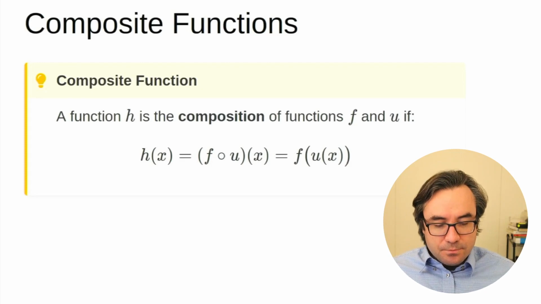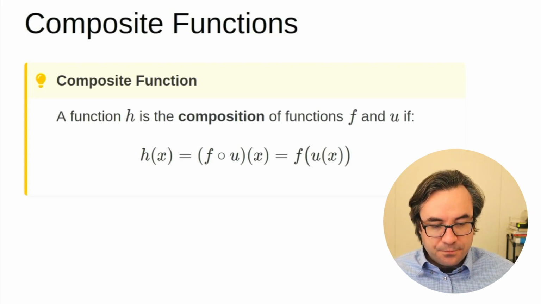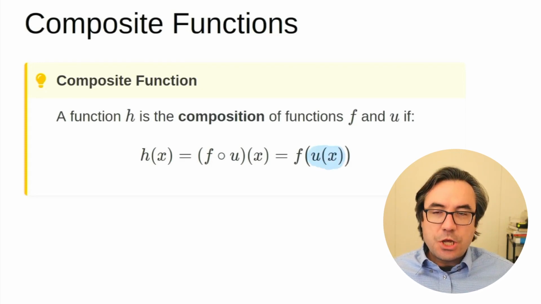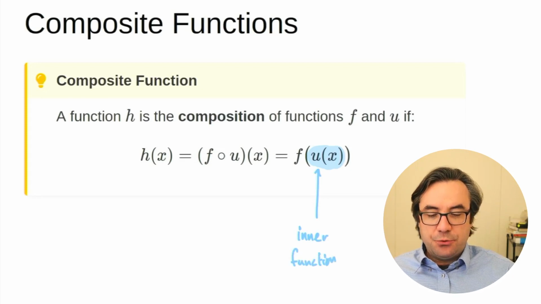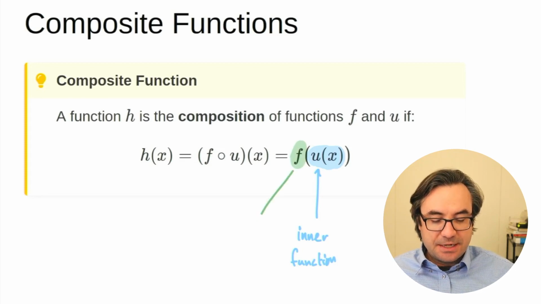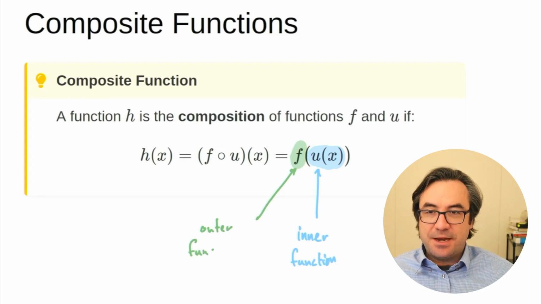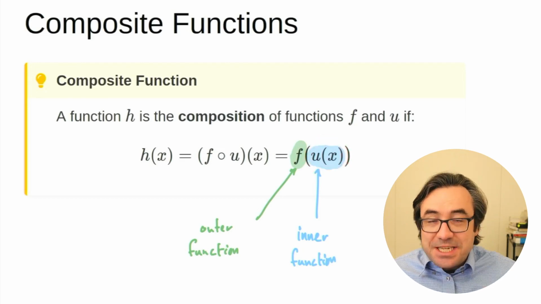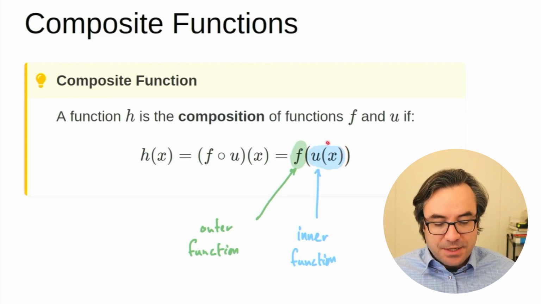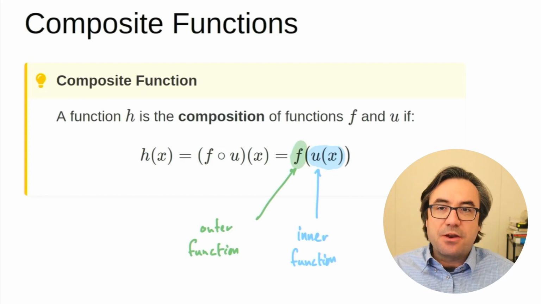But usually we call function u the inner function, because it's getting plugged into function f, and function f is a lot of times called the outer function because it's on the outside. So when we do this, we plug u of x into function f, so it's getting plugged into, so we call it the inner function.